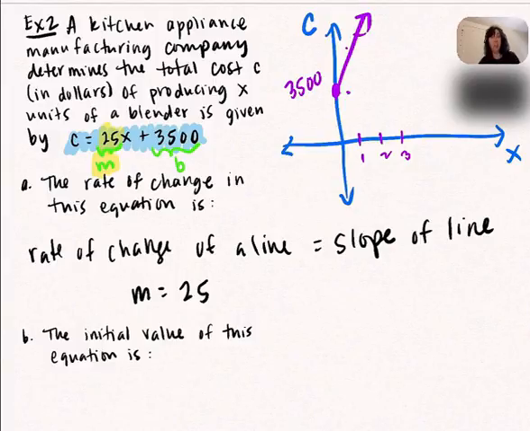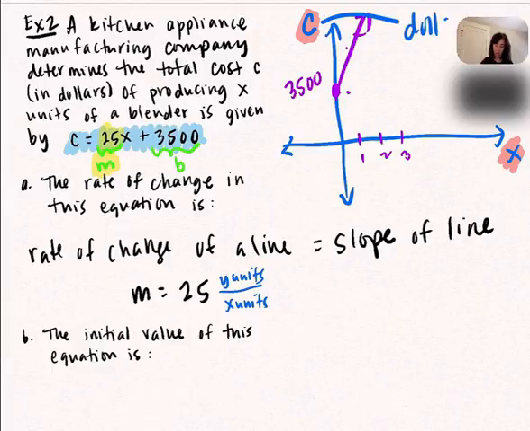Now, what are our units? So the units are going to be the ratio of the y units divided by the x units. Now, the y units is cost in dollars. Now, x, we're told that that is just x units of a blender, so it's kind of vague. We'll just say it's units of blender.